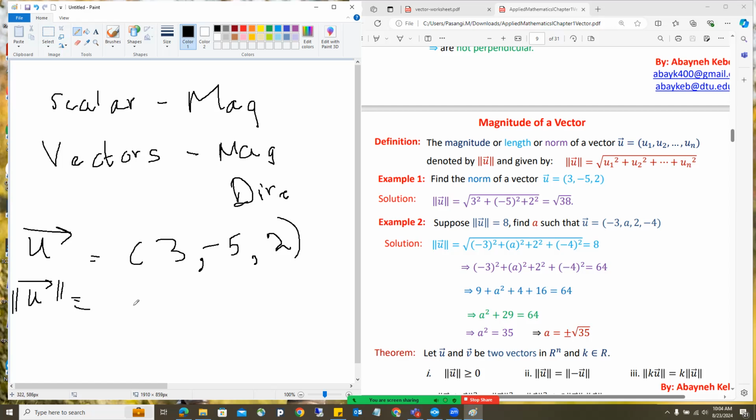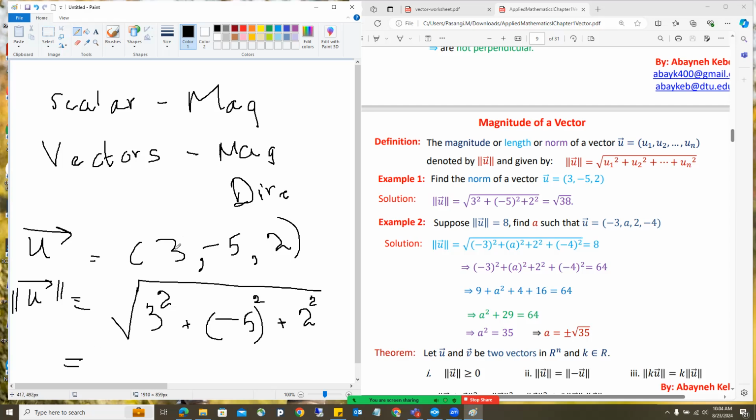This is how we calculate the magnitude: 3 squared plus minus 5 squared plus 2 squared. That's how we calculate the magnitude of the given vector.